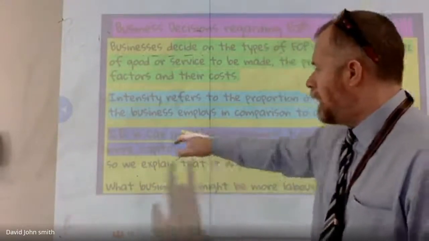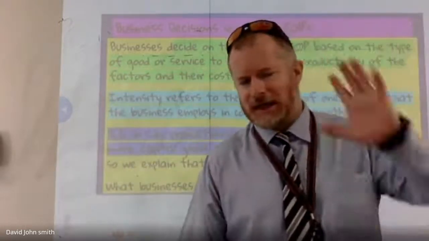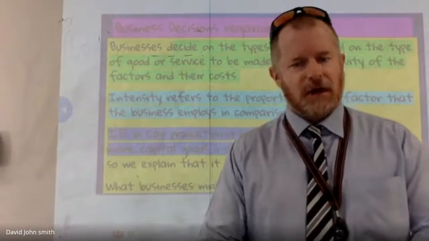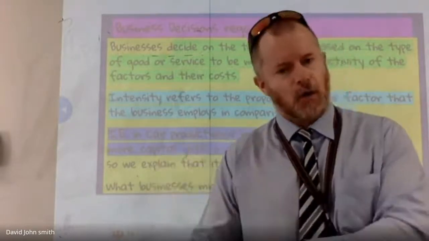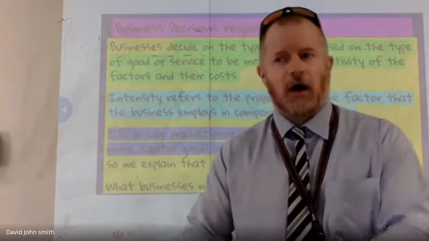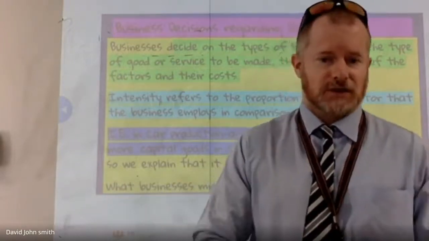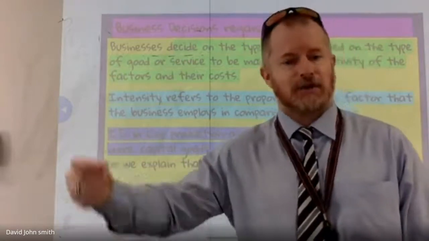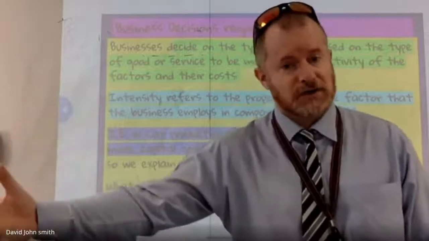Now, we talk also about what's called intensity. Now, we've mentioned this, again, a long, long time ago. The idea that you could be devoting a greater proportion or percentage of your production process to a specific resource. So it might be, as we said, a capital-intensive production process, like making a car.